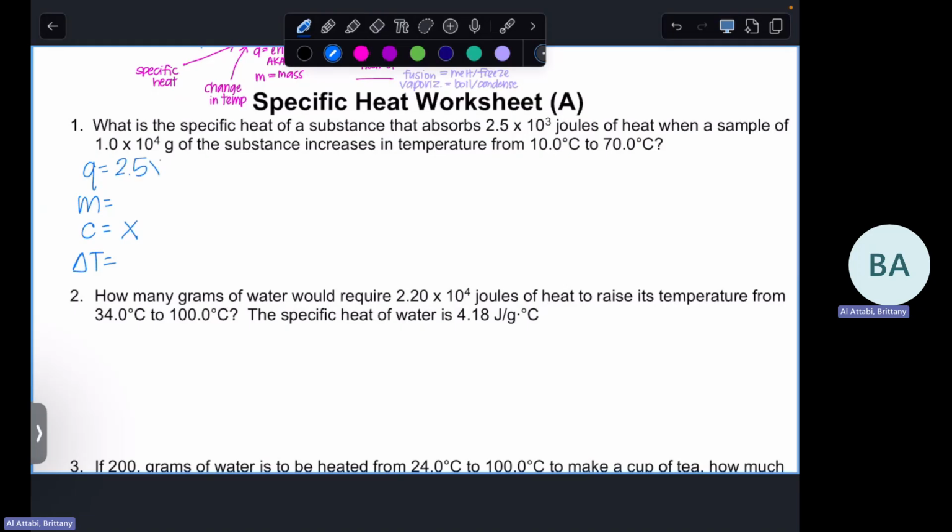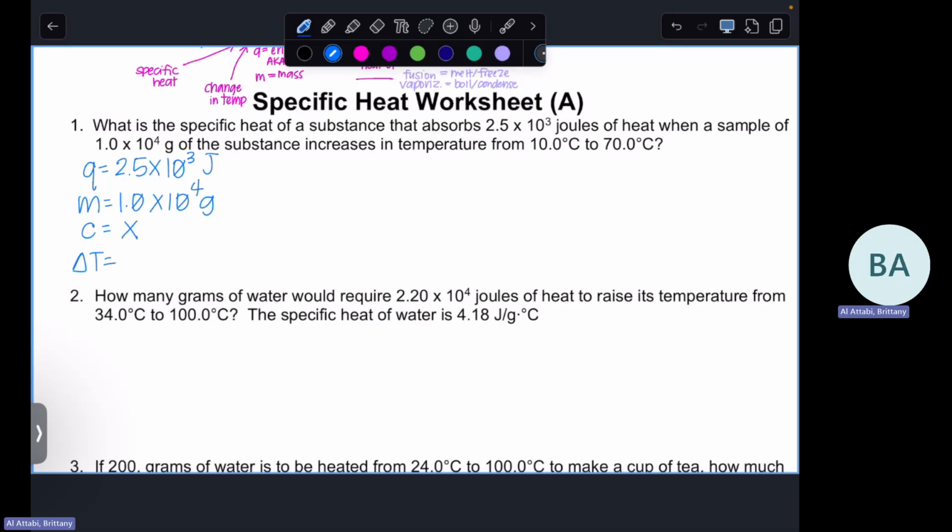Somebody else answer me. I love that you know, but you can't be the only one in this class that knows. So, all right. When a sample of 1.0 times 10 to the fourth grams of the substance, what letter is that? M. Increases in temperature from 10 degrees to 70 degrees.